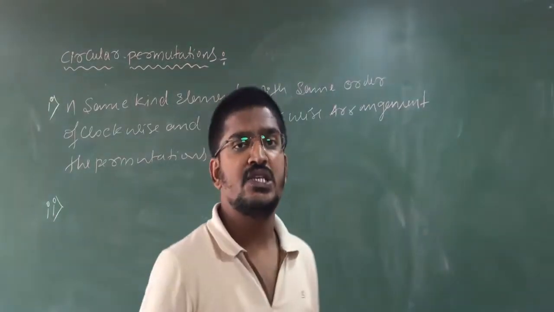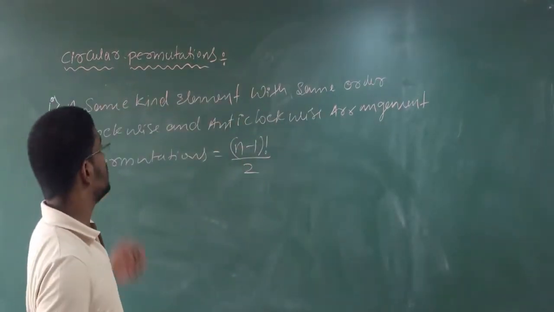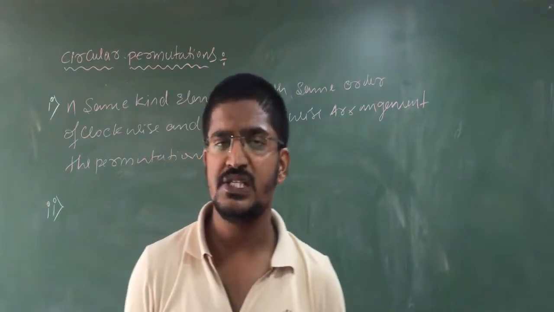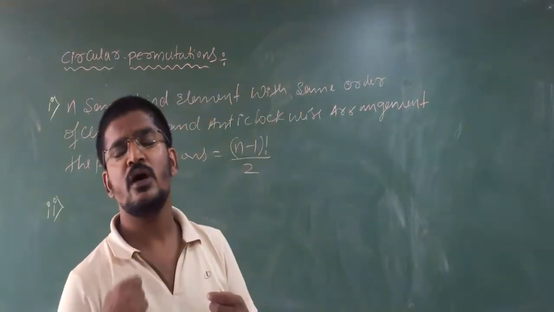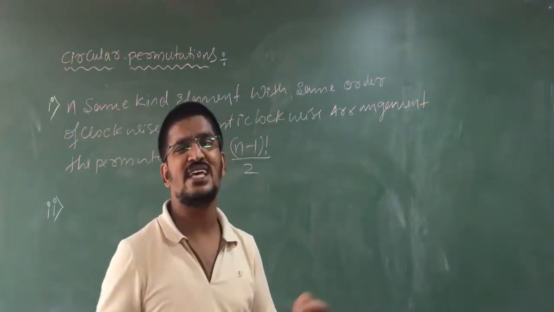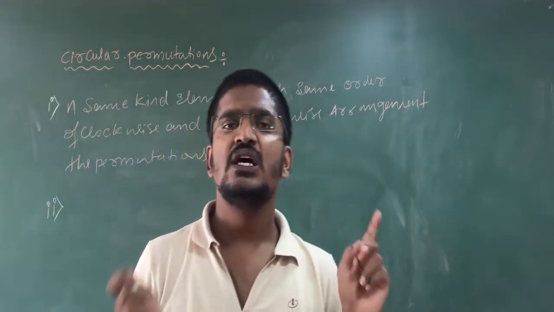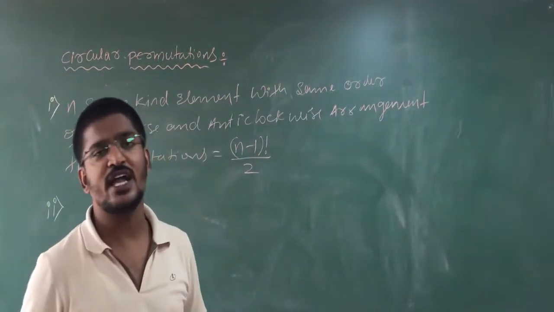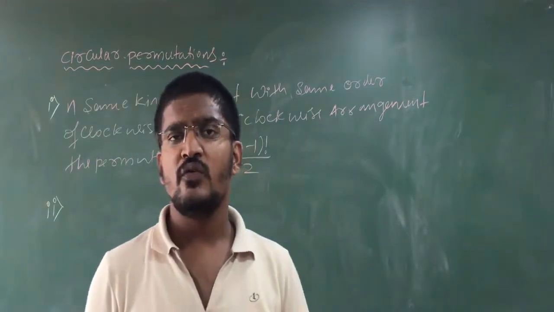Okay students, see here. Now we have seen that if I have n number of same kind of things, and if I am arranging them in the same order of clockwise and anti-clockwise, then the permutations are (n minus 1) factorial divided by 2. We have seen that.